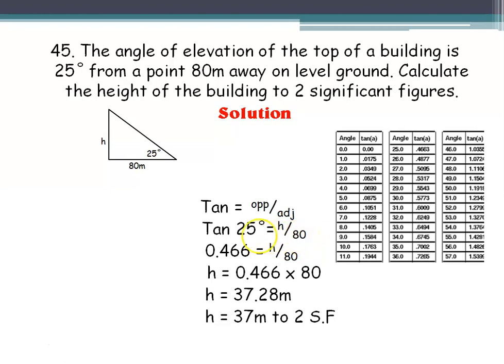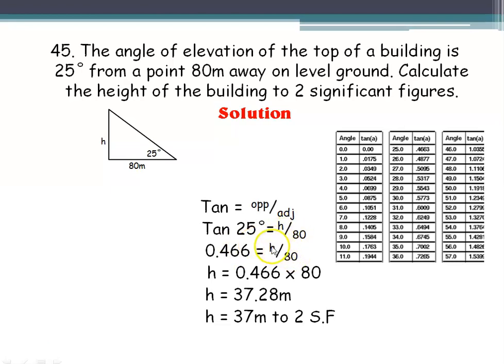Is that taken? So I have to look for the value of tan 25 on my trigonometry table or my tan table. So tan 25 is 0.4663. So I'll come here to write 0.466. I decide to use 3 decimal places. Is equal to H over 80.